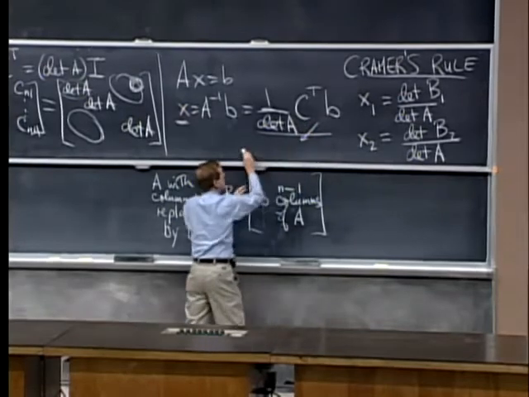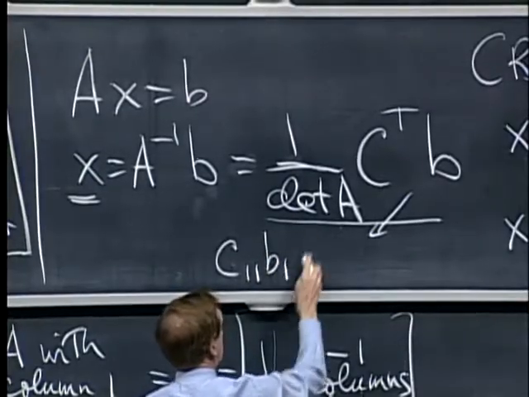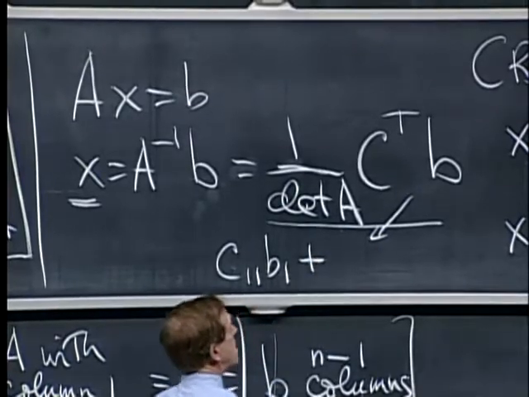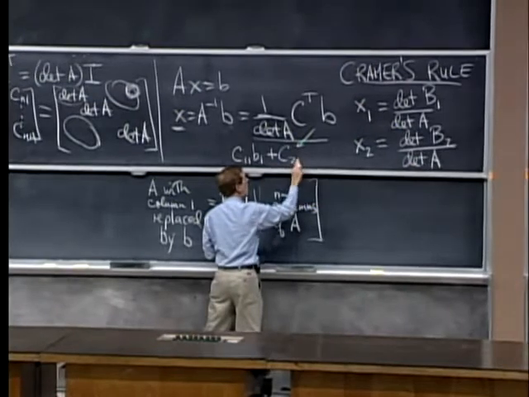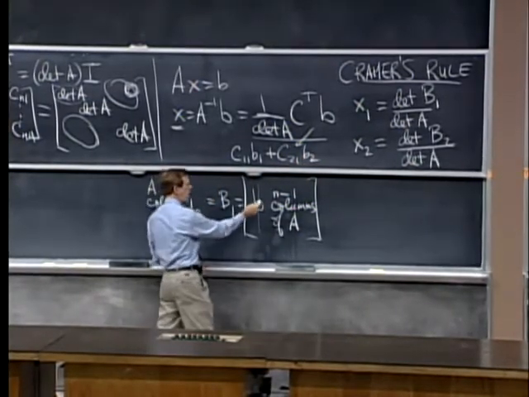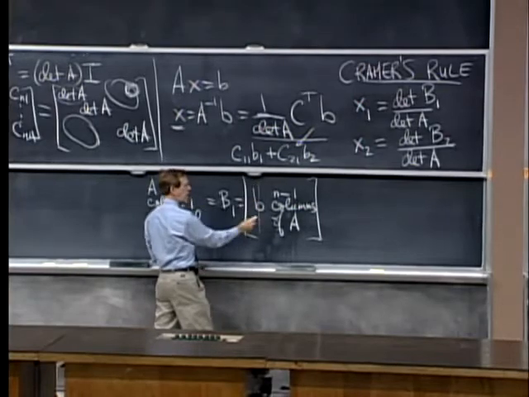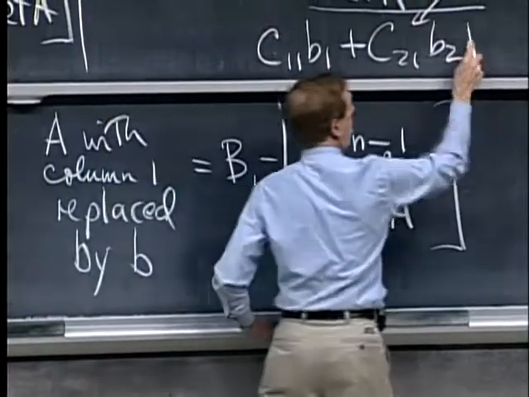This first entry is C11 times B1. And then the next entry is C21 times B2, and so on. And sure enough, if I look here, when I do the cofactor expansion, B2 is getting multiplied by the right thing, and so on.